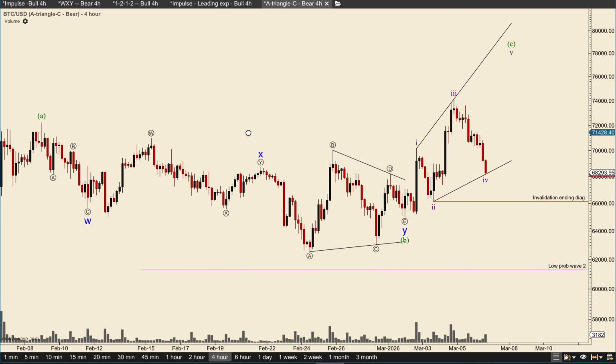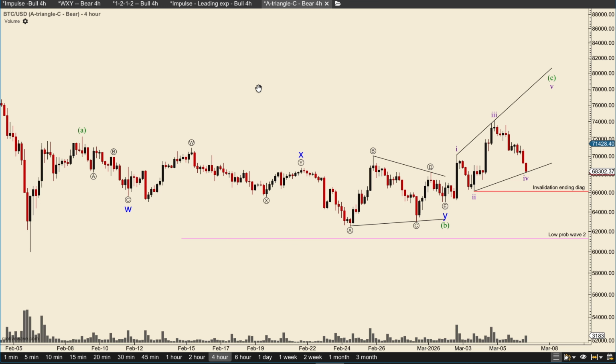So the reason why I have all of these three, so this and this scenario as backups, is because of this expanding diagonal, because that's the lowest probability structure in Elliott waves basically.